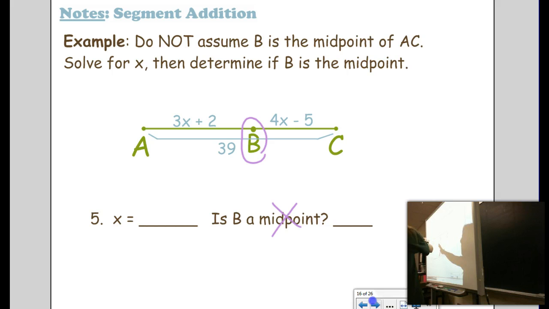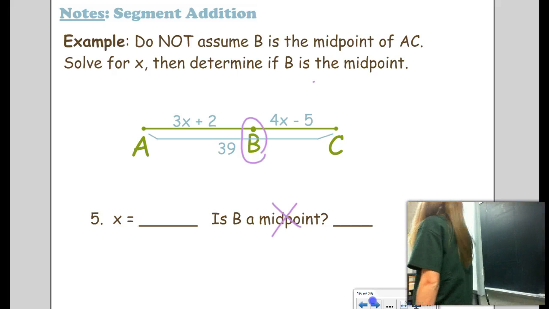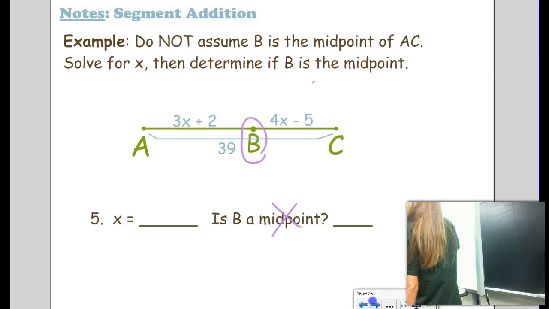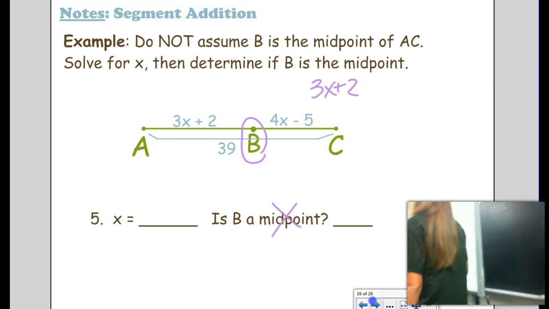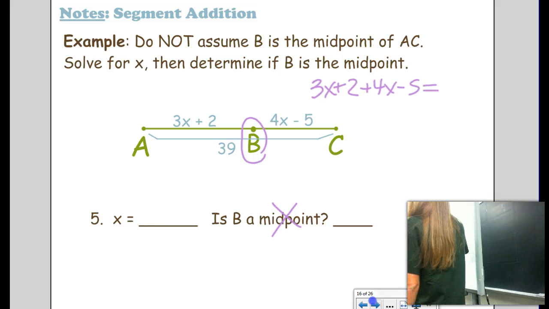Jacob, can you set me up an equation? Part plus part equals whole. What's the first part? AB. Give me what AB is. 3x plus 2. What's the other part? 4x minus 5. And what's the whole? 39.